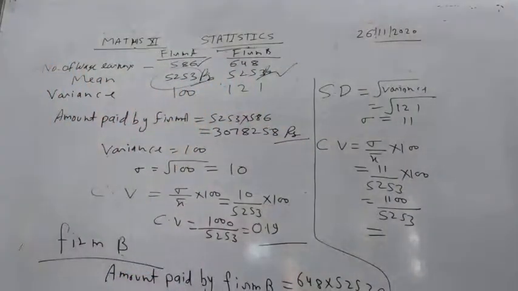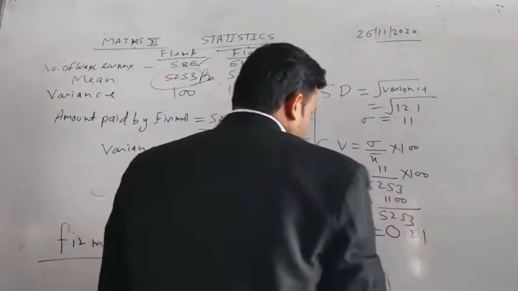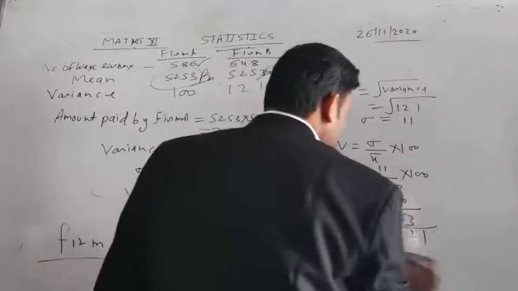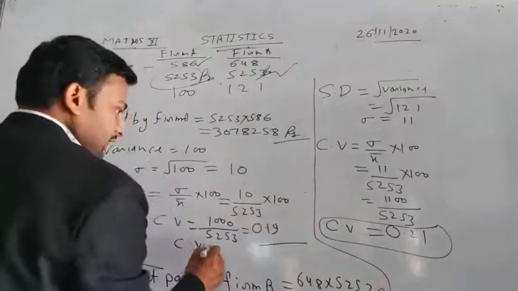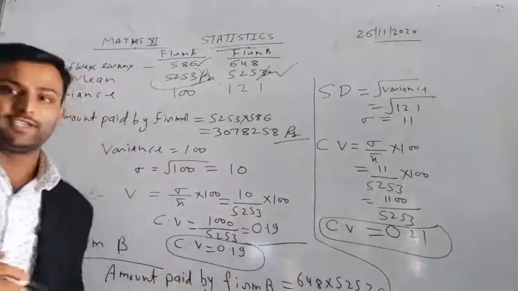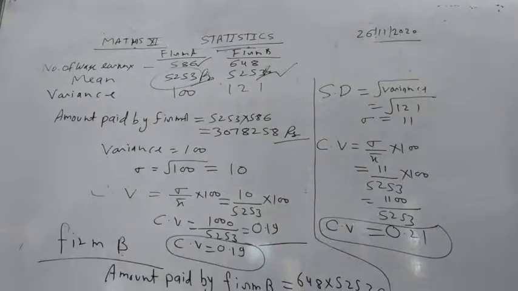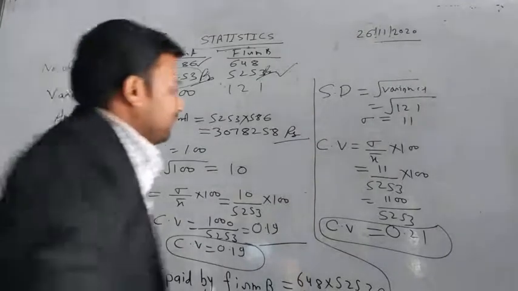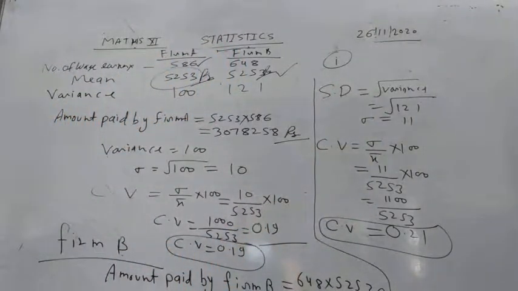Now we divide this and find our coefficient of variation, which is 0.21. So our CV for firm B is 0.21 and the CV for firm A is 0.19 near about. So in the first question we had to find which firm paid more amount.